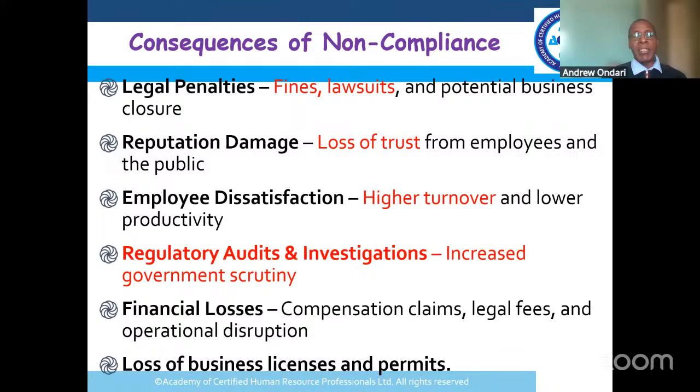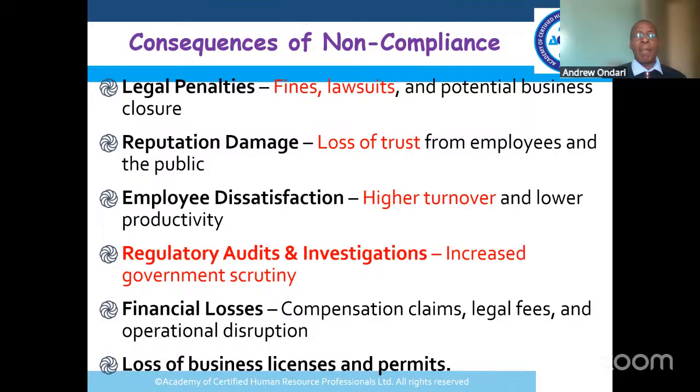They're also expensive because of productivity and performance. So when the legal experts in your organization, or you as an HR manager, are in court, you stop work and go to attend court cases. That becomes expensive.